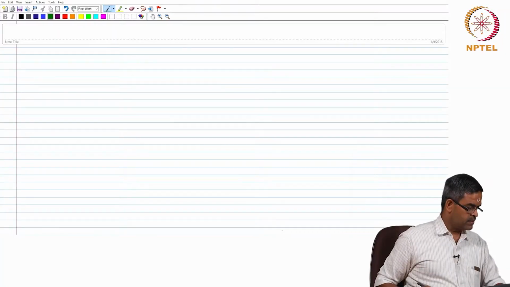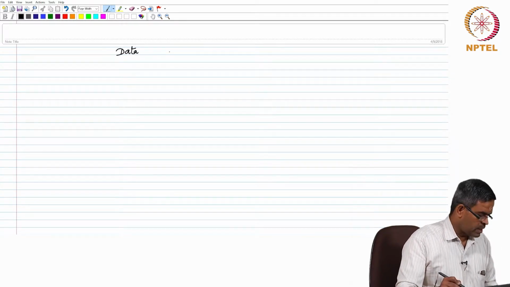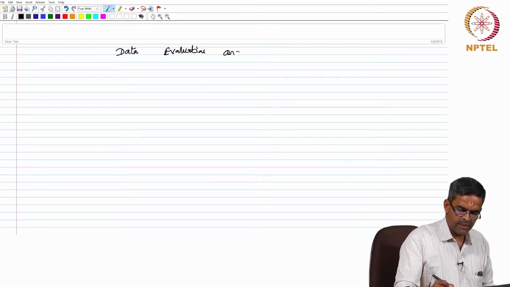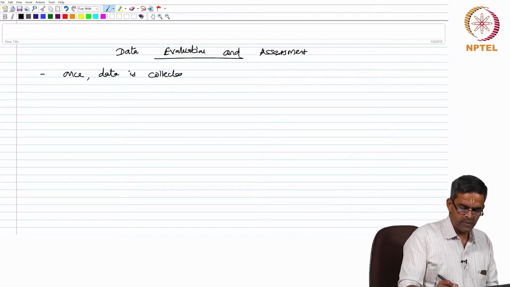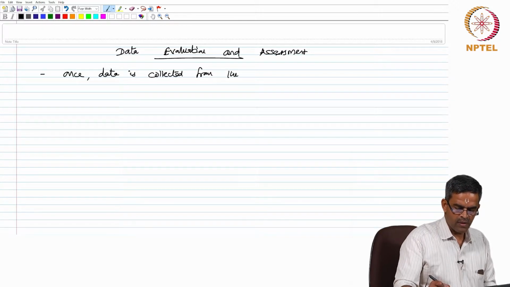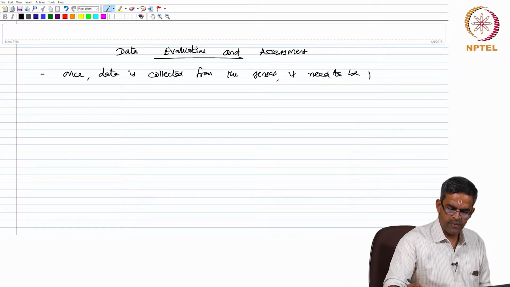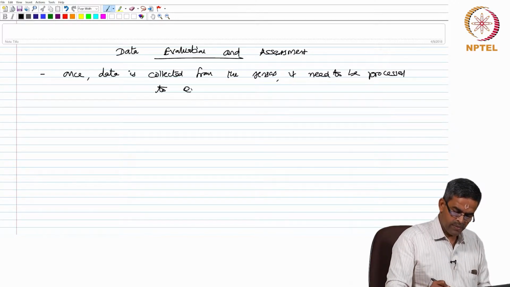Having said this, let us talk about the importance of data evaluation and assessment. Friends, once data is collected from the sensors, this data needs to be processed to evaluate the condition of the structure.